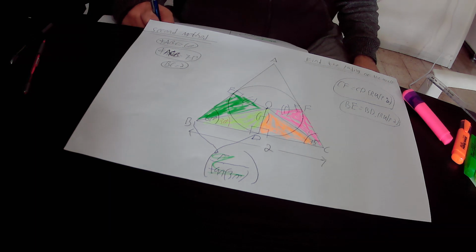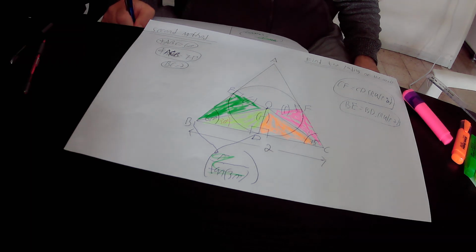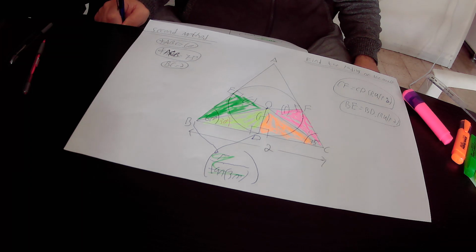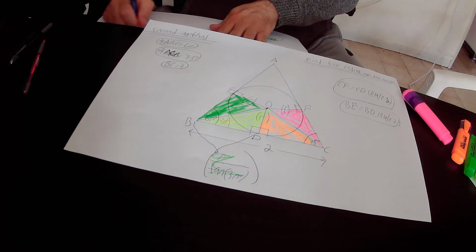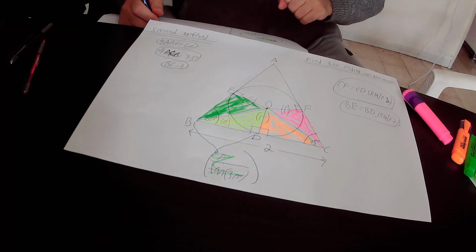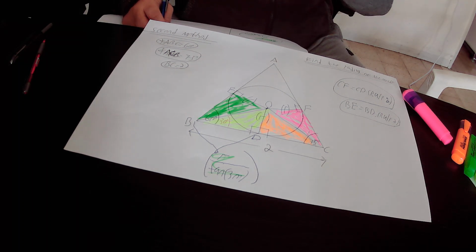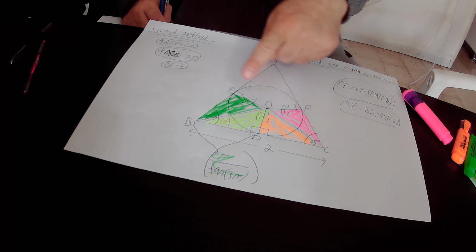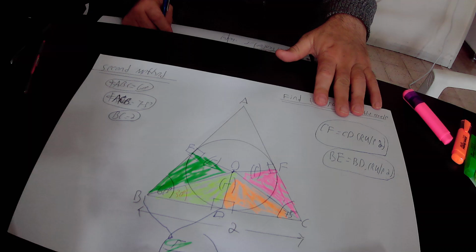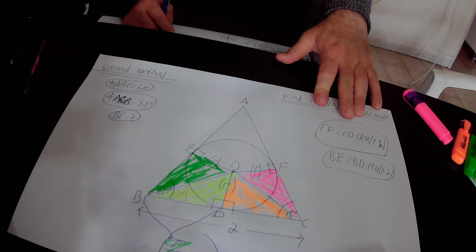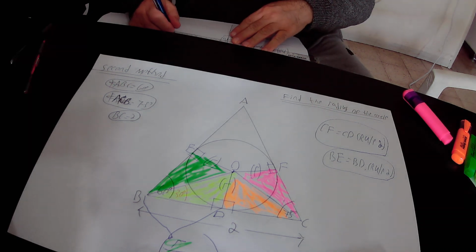OF equals OD equals R. In addition, CF equals CD according to rule number 2.